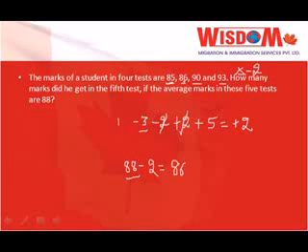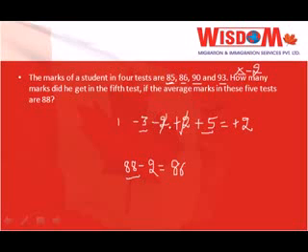The deviation that 86 gave from 88 was 86 minus 88, that is negative of 2. The deviation that 90 gave from 88 was 90 minus 88, that is positive of 2. The deviation that 93 gave from 88 was 93 minus 88, which was positive of 5.